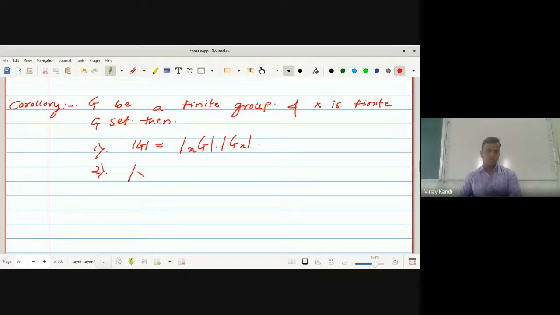Second, the order of X is nothing but the summation over x belonging to C of the index of G_x in G. What is C?